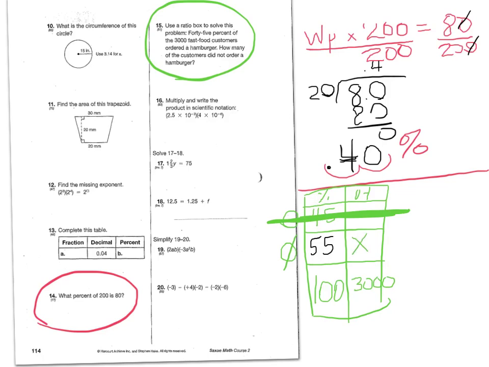Now, if we would just use cross multiplication, we could solve this. We'd end up with 100x, or 100 times x, equals 3,000 times 55.